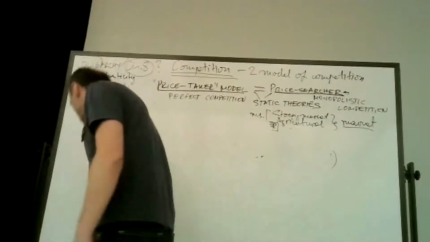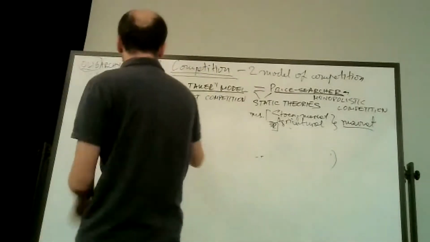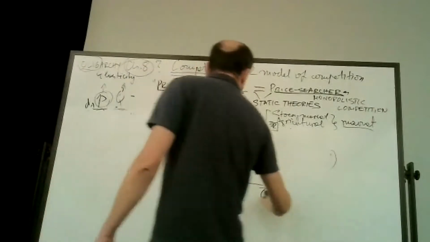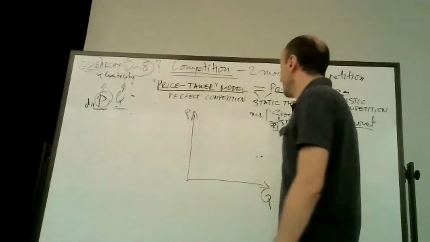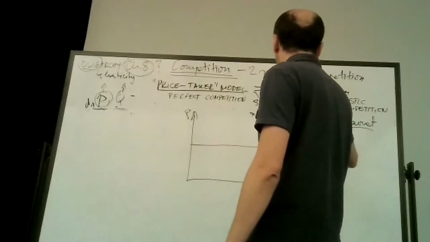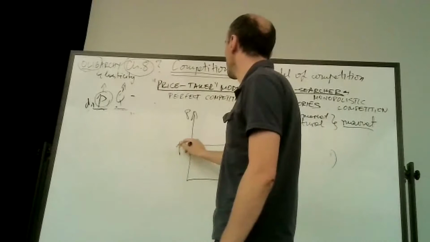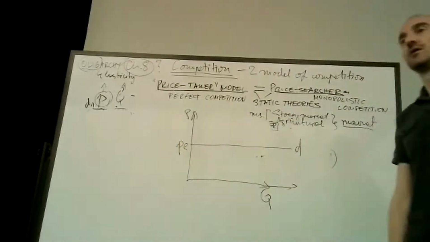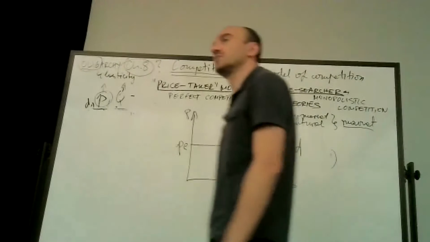What would this demand curve look like? This is the demand curve, this is the equilibrium price. It's a horizontal demand curve.